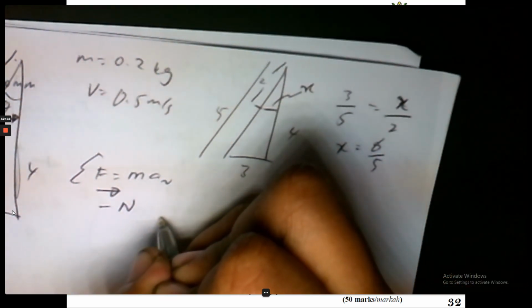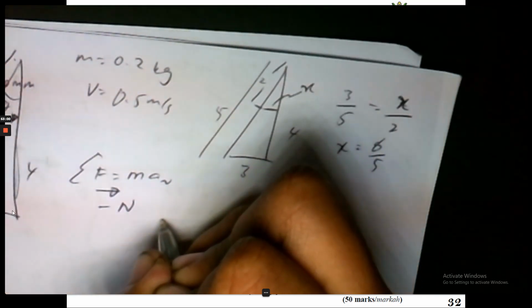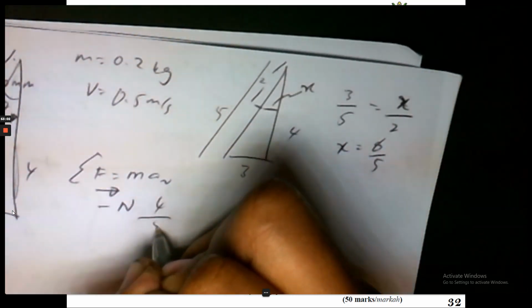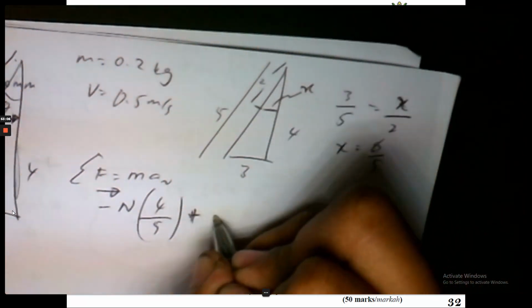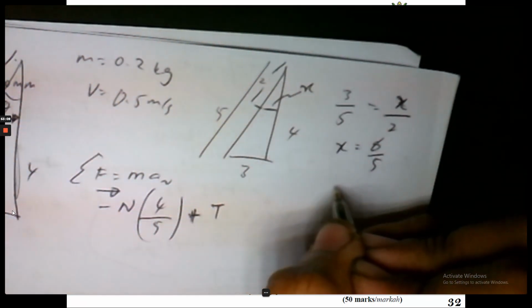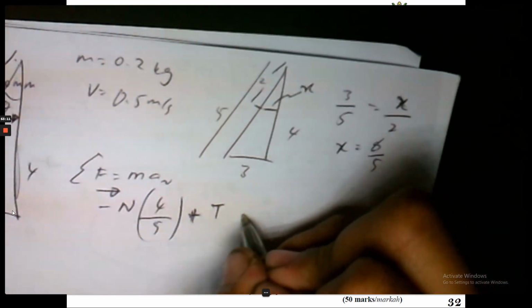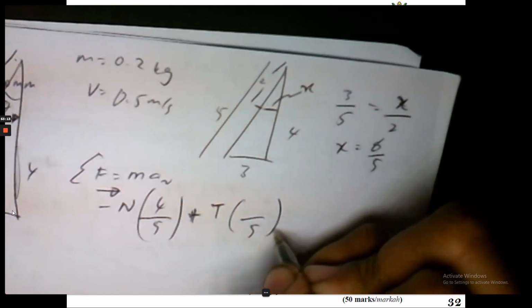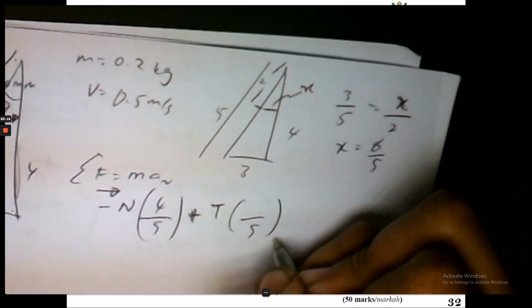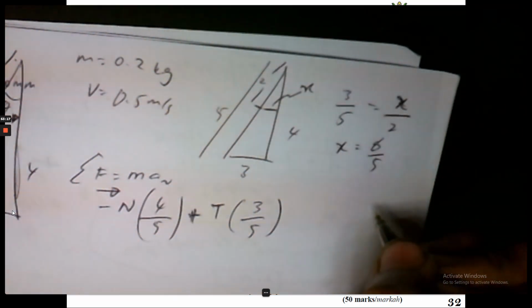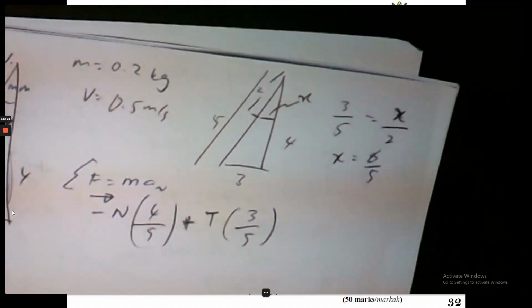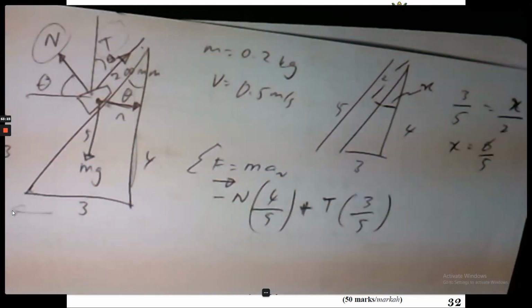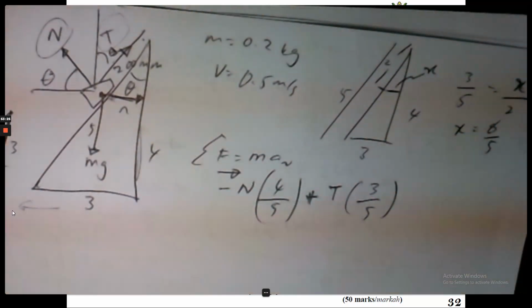So N, let's see, 4 divided by 5, right, plus tension, that would be 3. Okay, so here's the... I didn't realize you didn't see it. I'm so sorry about that.